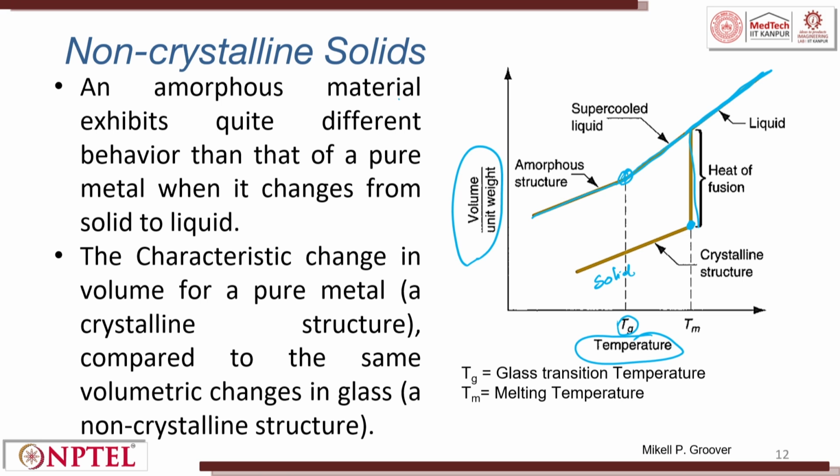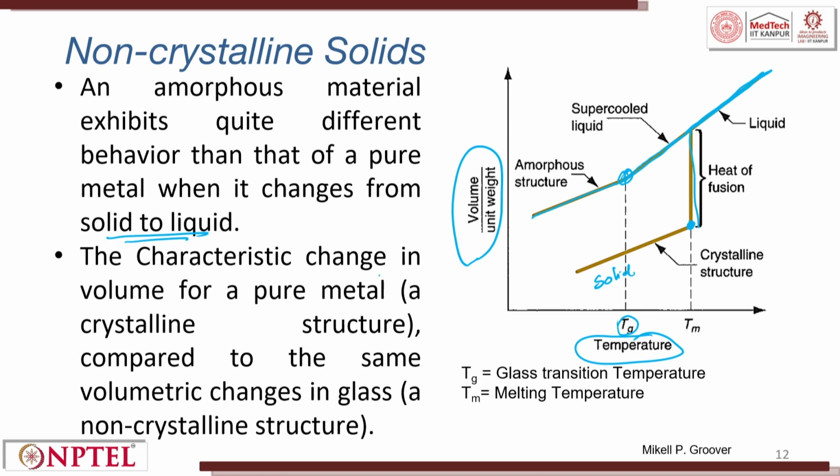An amorphous material exhibits quite different behavior than the pure metal when it changes from solid to liquid. So there is also an expansion, please understand. So why is this expansion very important? Later, when you try to convert this liquid into solid, there will be a contraction of material. That concept we will see in casting.